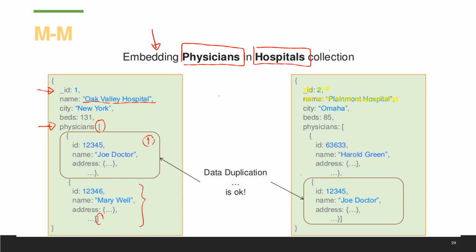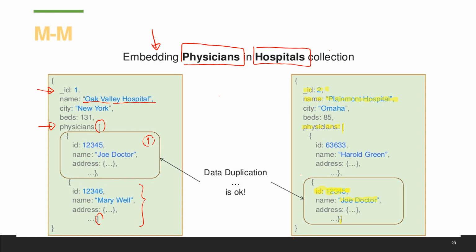And if you look at the physician field, you can see that it is an array consisting of many physicians. And it also has that same doctor with the ID 12345, Dr. Joe Doctor.